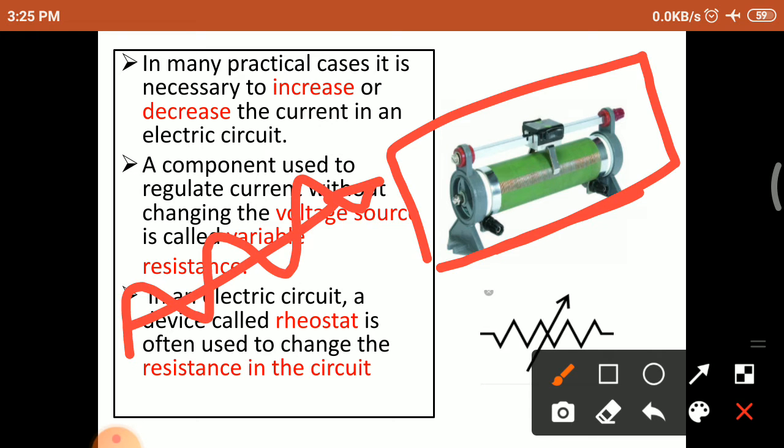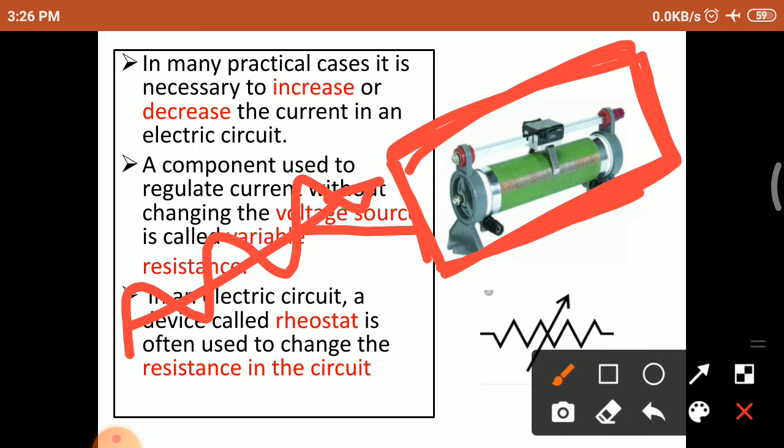So when the flow of electrons is reduced, automatically the current will be reduced. So using this rheostat, I can change the current value in the circuit without changing the voltage source. Another name of this rheostat is variable resistance.